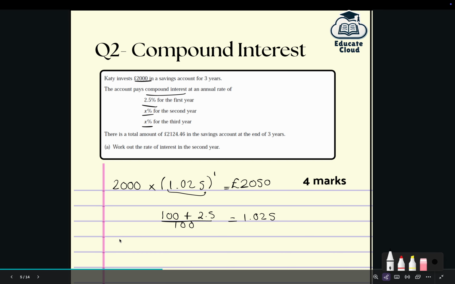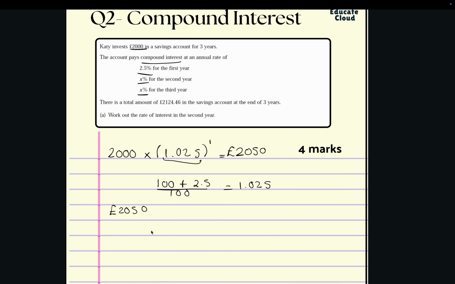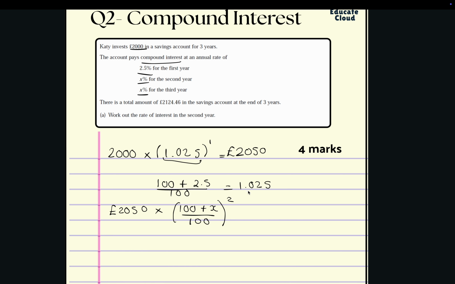So what I'm going to do now is start on the 2050 and times it by some number, 100 plus x, because I'm trying to find the x percent, over 100. But now to the power of 2, because x doesn't change for the second and third year. And that is going to give me 2,124.46.